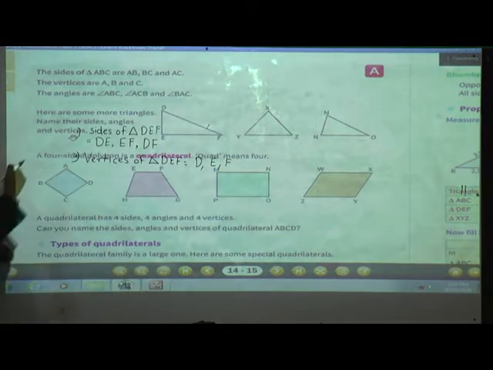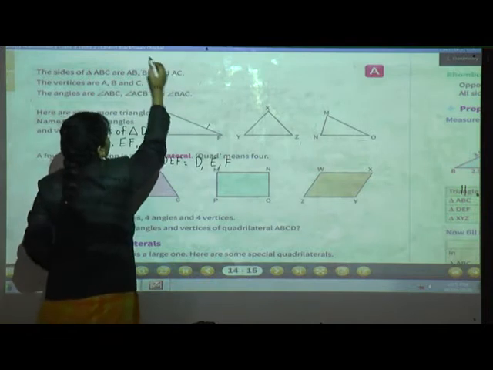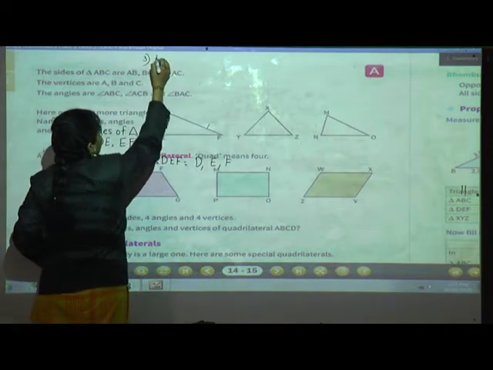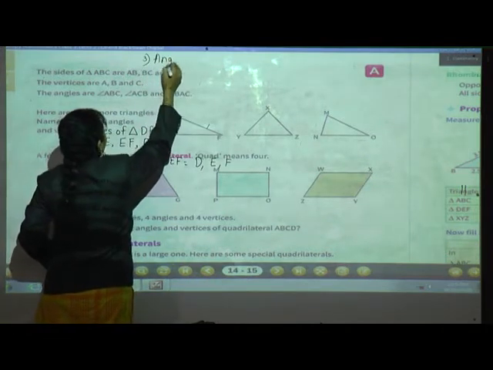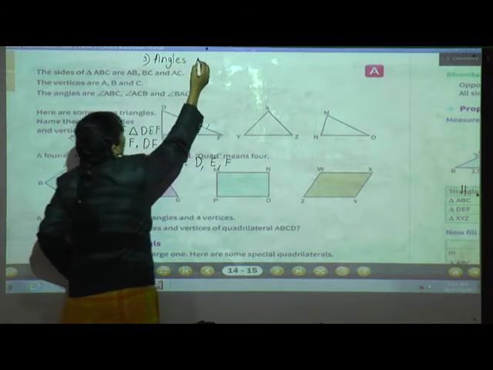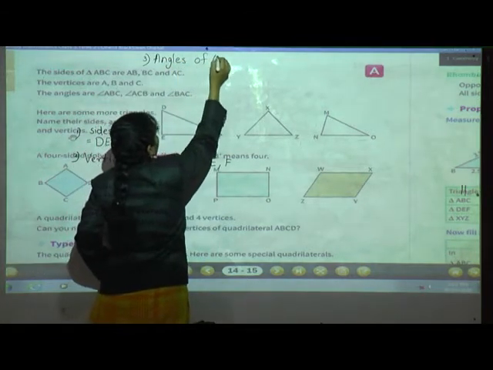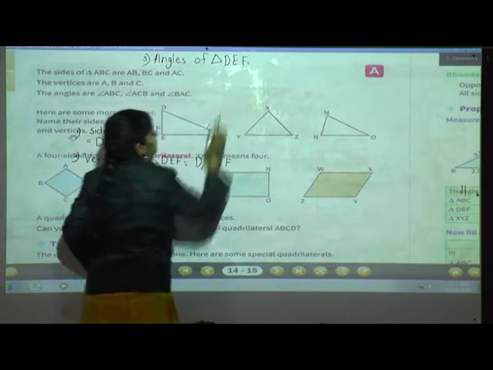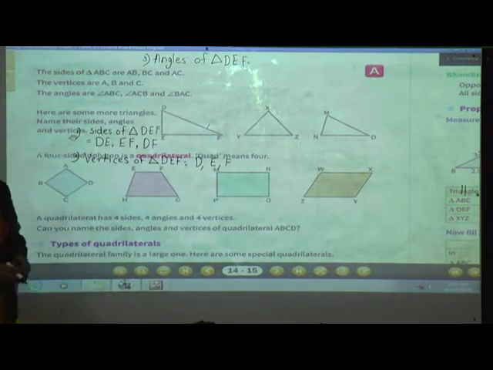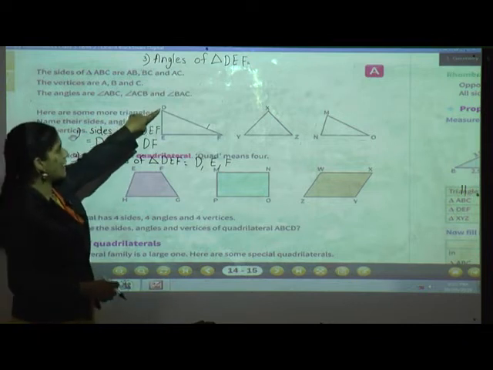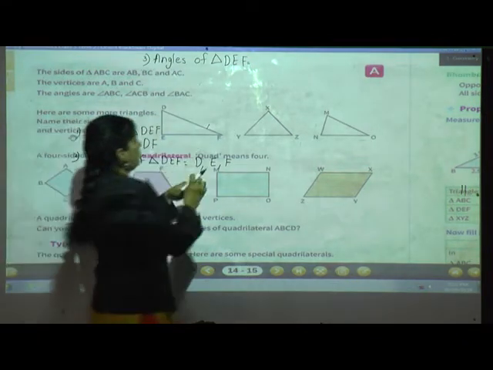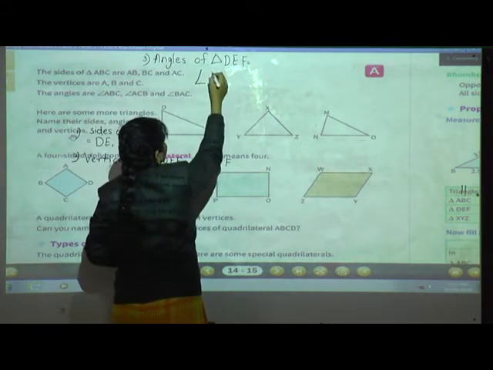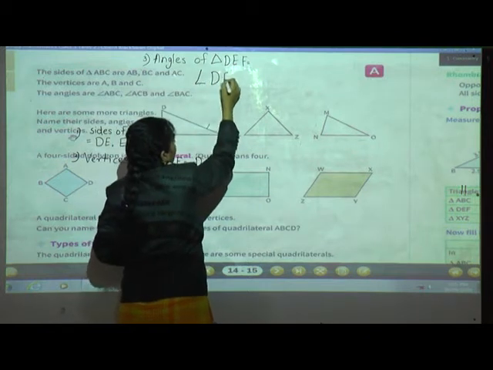And angles. Tell me the angles. Third one. Angles of triangle DEF are, what students tell me? First one is angle DEF.